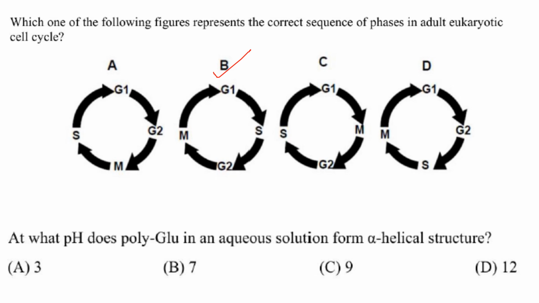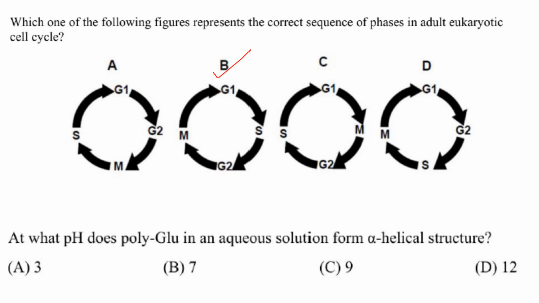Then next one. At what pH does polygluc in an aqueous solution forms alpha helical structure? Now polygluc, it is a polypeptide and it is composed of glutamic acid residues. Now the alpha helical structure, it is influenced by pH due to ionization of the side chains. So if you see the options here, only one option is being given as 3.